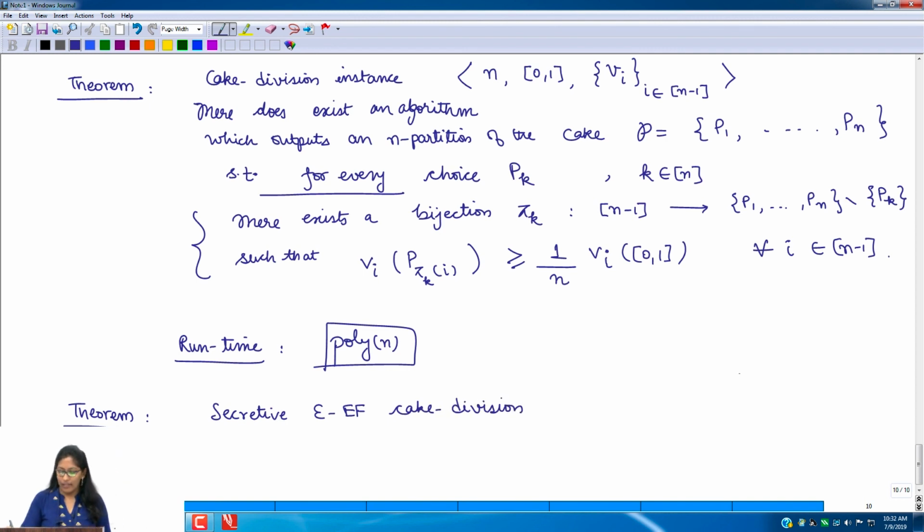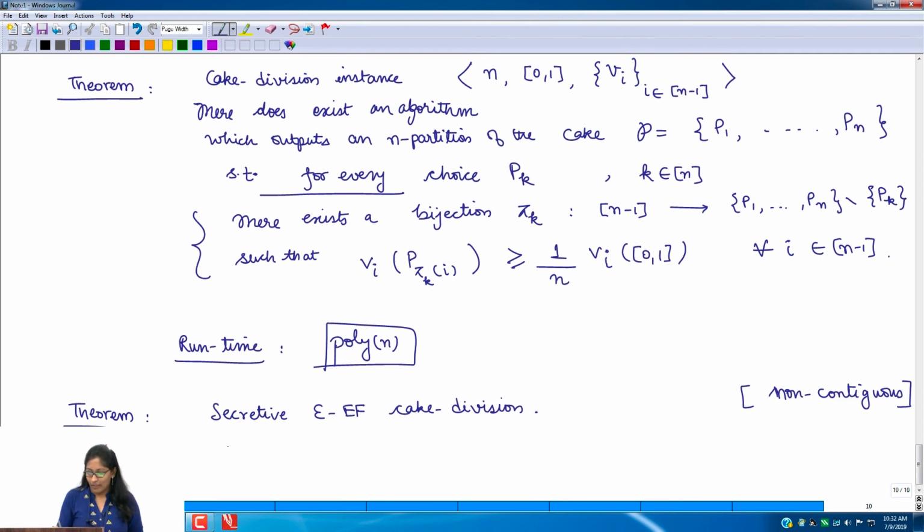In this particular case, the cake cut can be not contiguous, and we are in the setting of non-contiguous, because as we have seen, envy-freeness is a difficult notion to compute and to achieve. So in that case, we are again able to achieve secretive epsilon envy-freeness, and obviously the algorithm is different, it can't be moving knife.